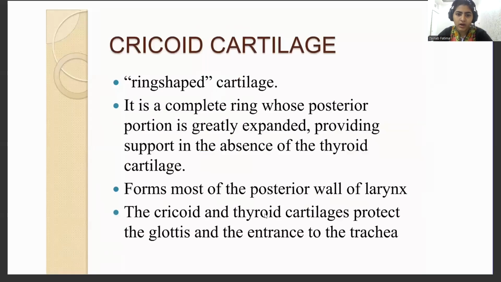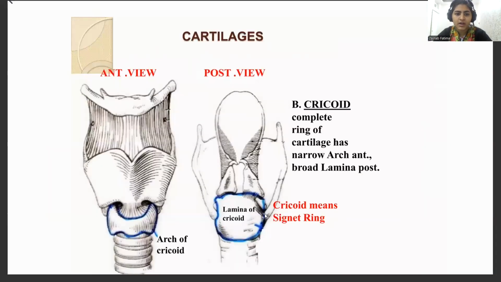Then we have the cricoid cartilage. It is a ring-shaped cartilage, a complete ring whose posterior portion is greatly expanded, providing support in the absence of thyroid cartilage. It forms most of the posterior wall of the larynx, and the cricoid and thyroid cartilage protect the glottis and the entrance of the trachea. Next we have cartilages.